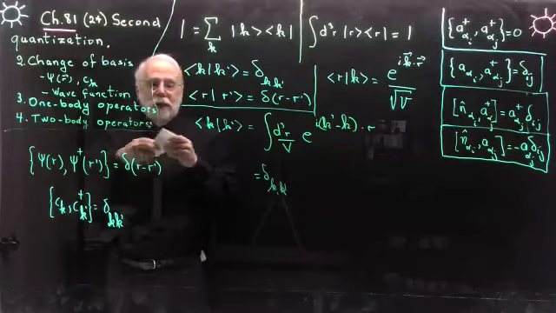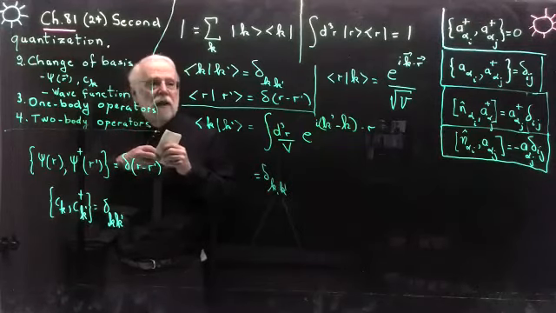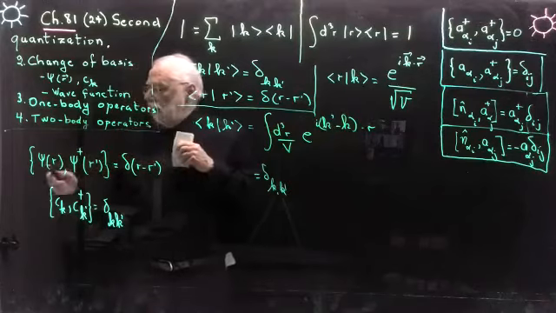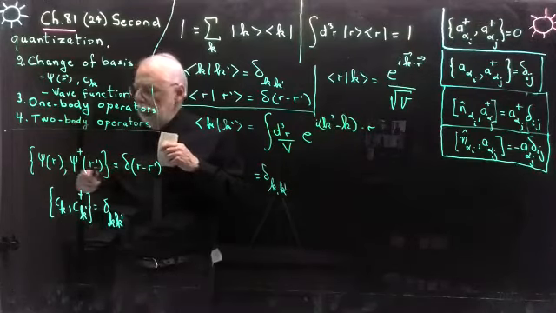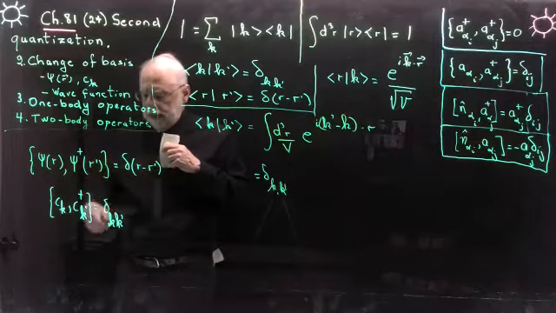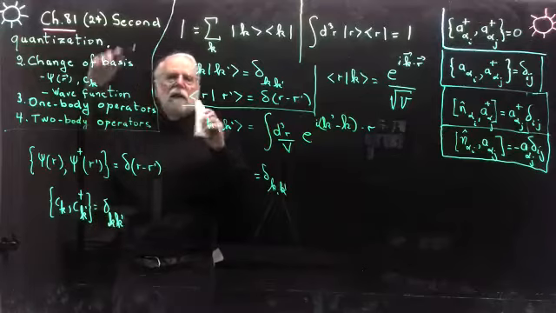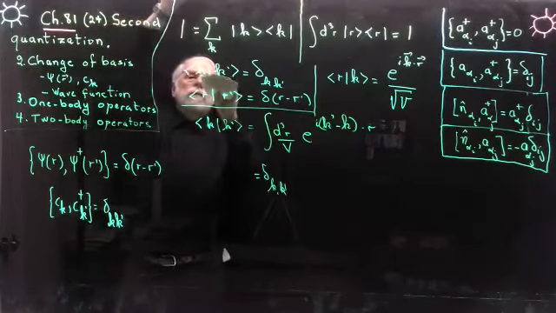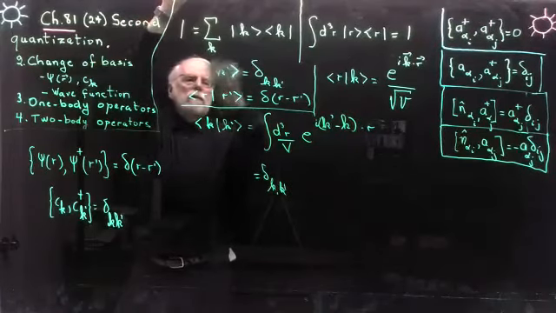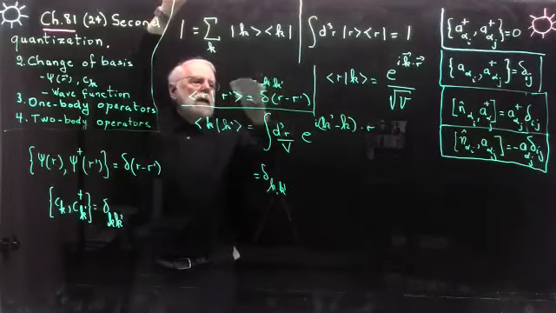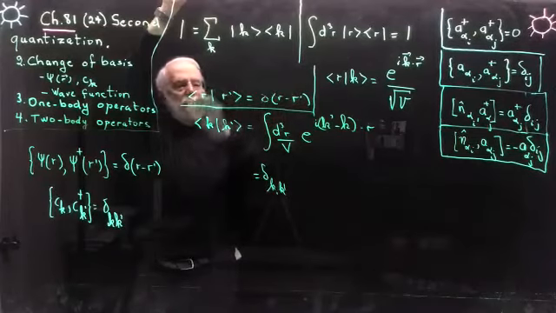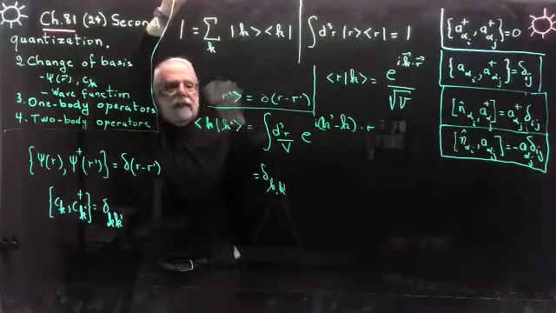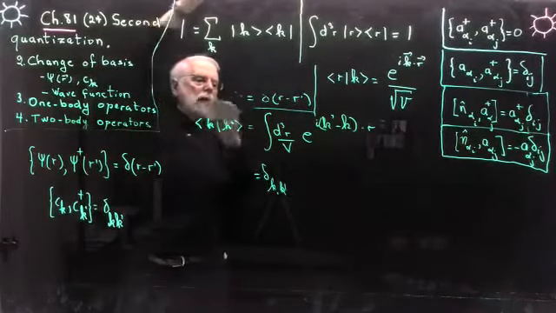You can always ask questions as usual. Okay, so we saw that you should normalize these anti-commutation relations with whatever basis you use. So it means we have to use this. Okay, let's move now to one-body operators. So what we have done up to now is to write the states in terms of creation and annihilation operators.